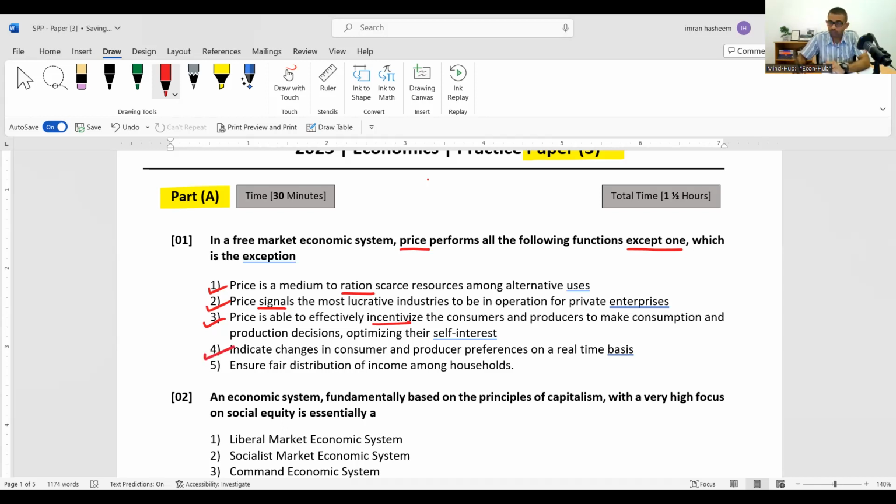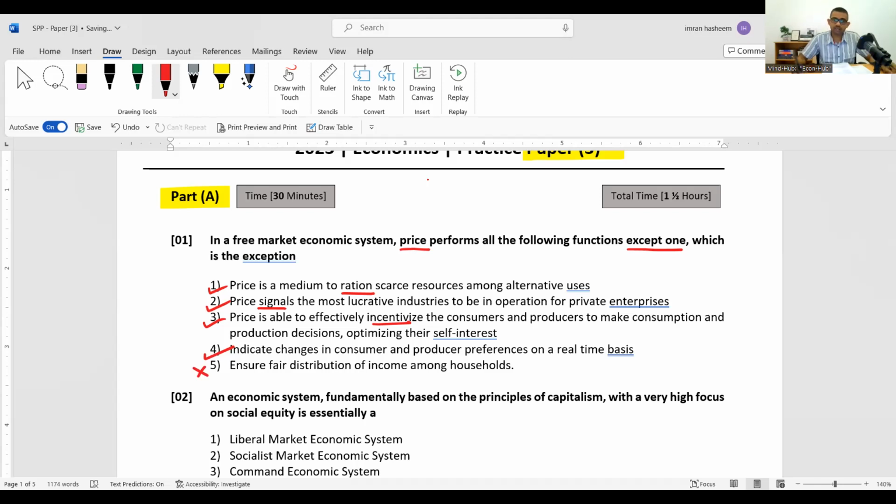So 1 to 4 seem to be technically correct and are functions of price within a market economic system. Therefore, the 5th one should be our answer because it is not a function: ensure fair distribution of income among households. So for question 1, the correct answer is number 5.